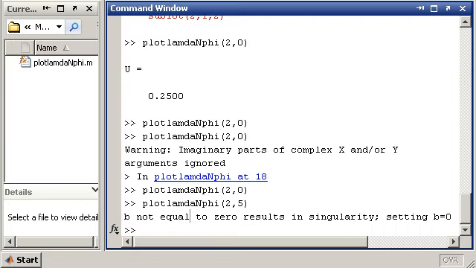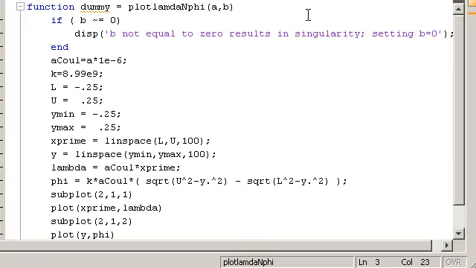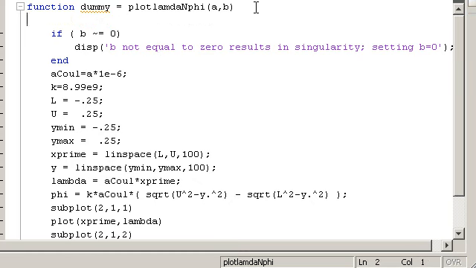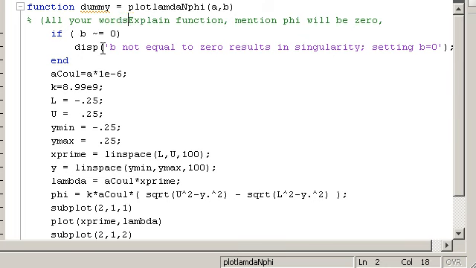And the other thing is, in here, I can tell the reader, explain the function. You might want to mention it will be 0 in here. Remember, this is all your words. Don't just be copying what I'm writing right now.